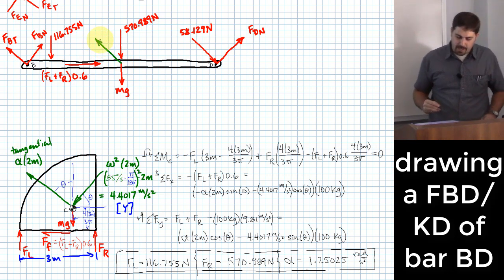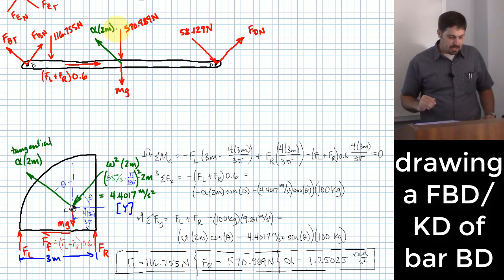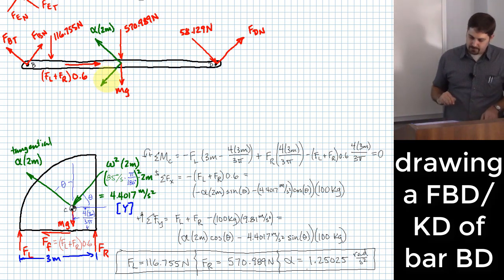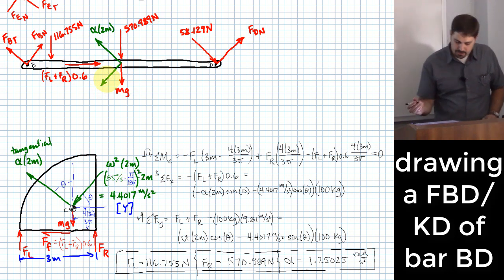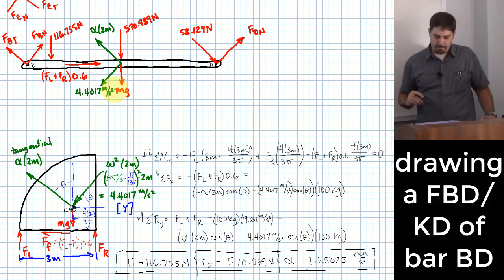That's just going to be alpha times 2 meters. And I will have a centripetal component of acceleration. And that one is going to be equal to 4.4017 meter per second squared.